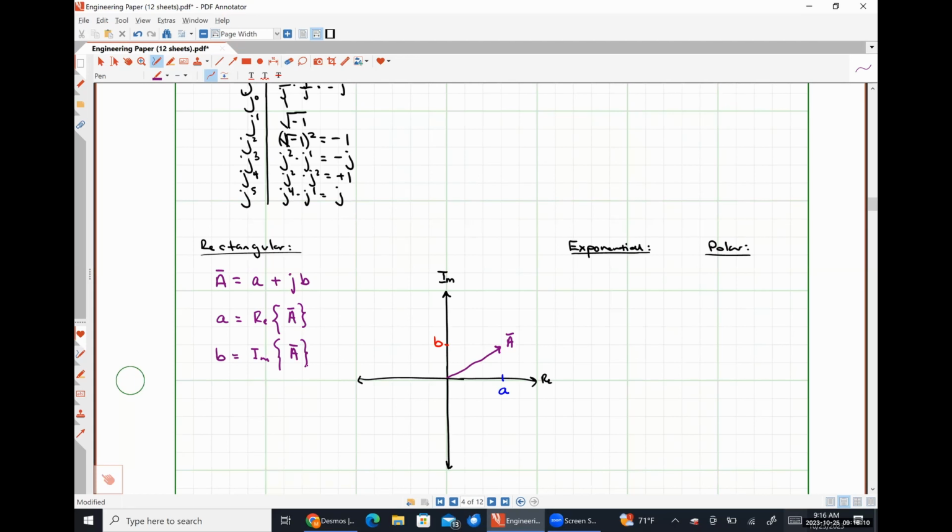I'm going out a units in the real direction and out b units in the imaginary direction, and then adding those two vectors together to make my complex number, okay?